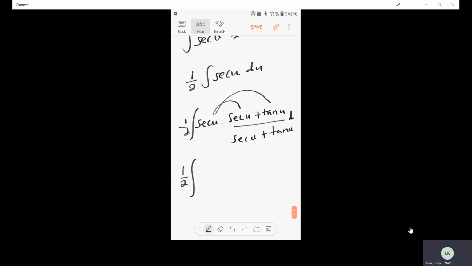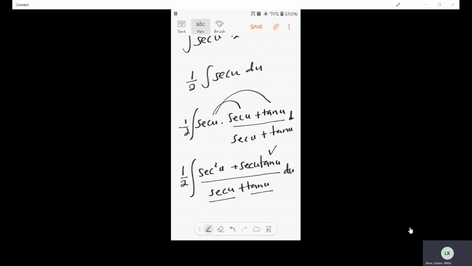So when I multiply that out, this is what I get. I get half, and I get sec squared u plus sec u tan u over sec u plus tan u du. Okay, so this is what I have. Now, if I look at the numerator compared to the denominator, when I differentiate sec u, I get sec u tan u.